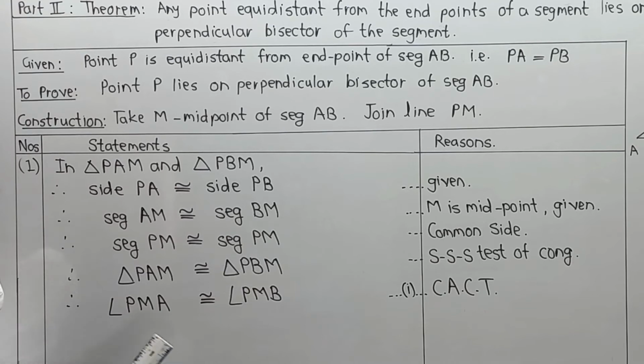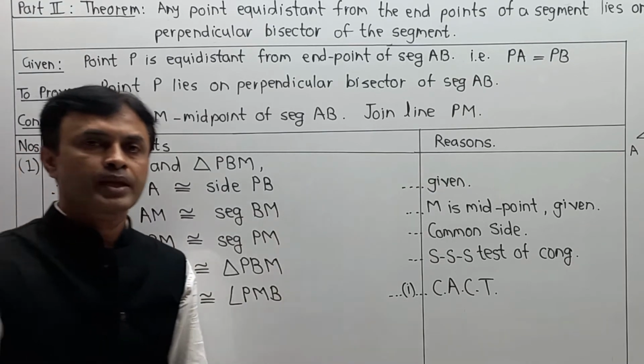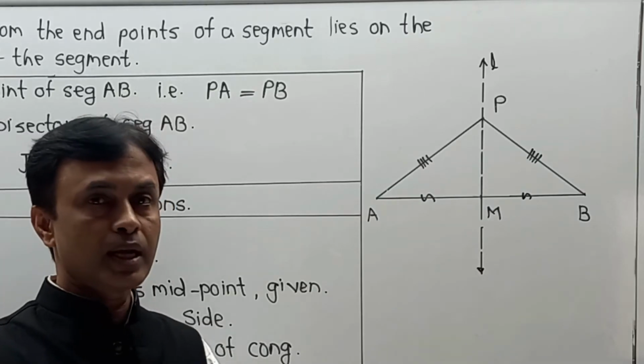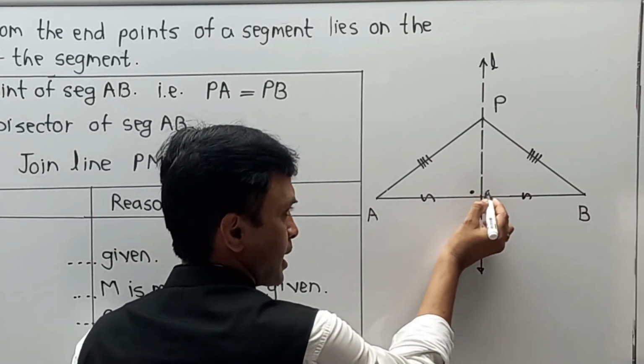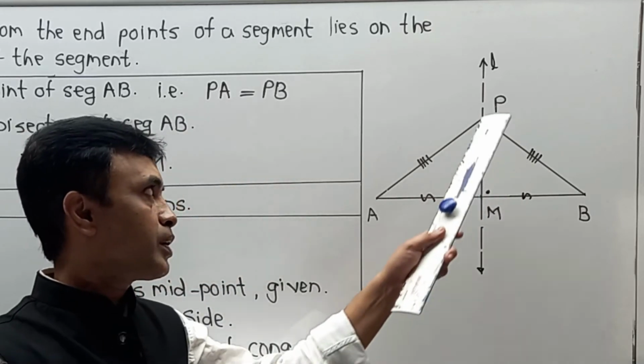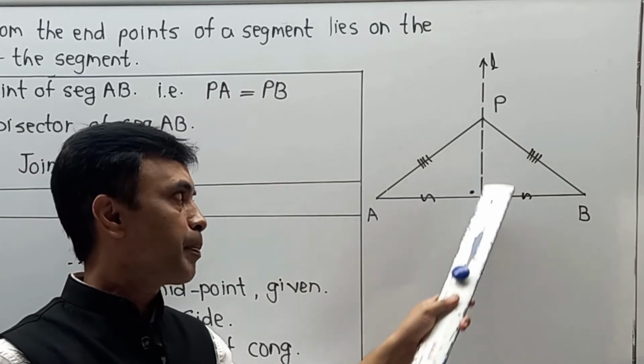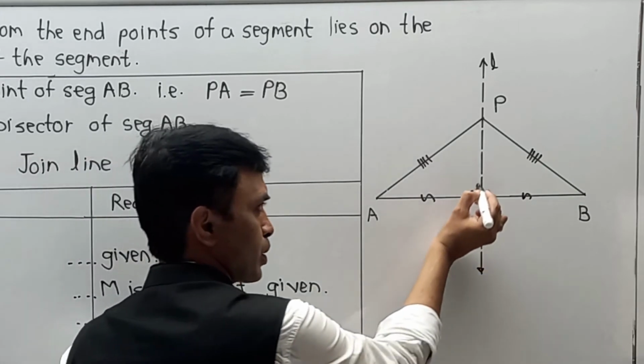Now what exactly is the next part? Please understand from the diagram: we are able to get one logic from here, that this angle and this angle, PMA and PMB, are congruent.